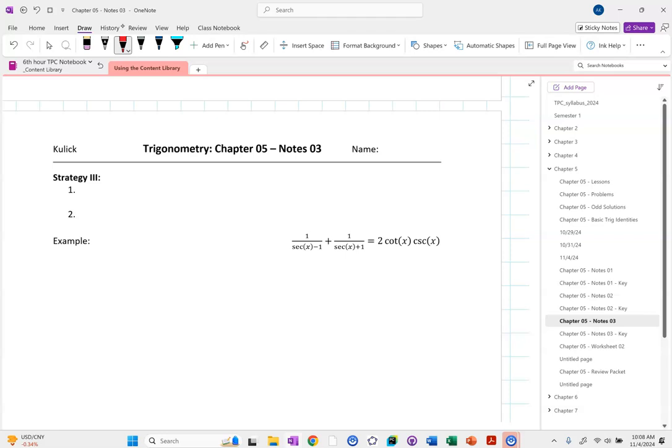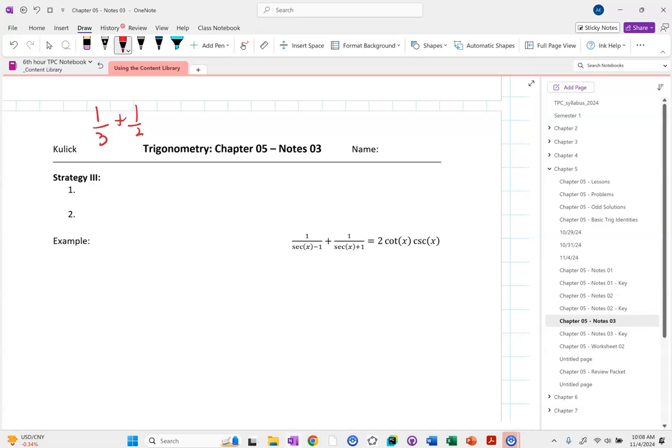Okay, so if I just had 1 over 3 plus 1 over 2, what would the common denominator be? How'd you get the 6? That's correct. Multiply the 2 denominators together, right?